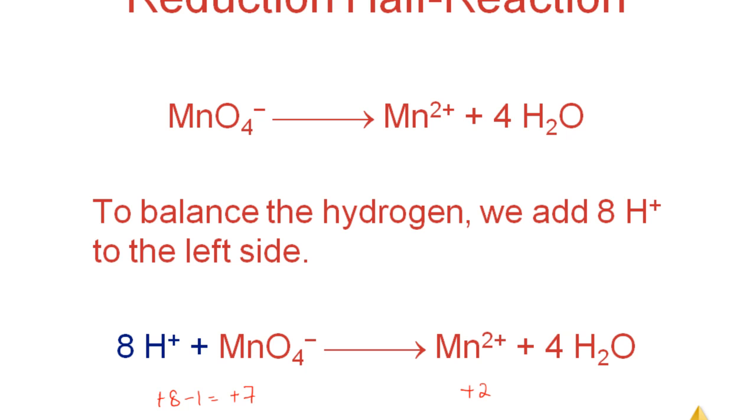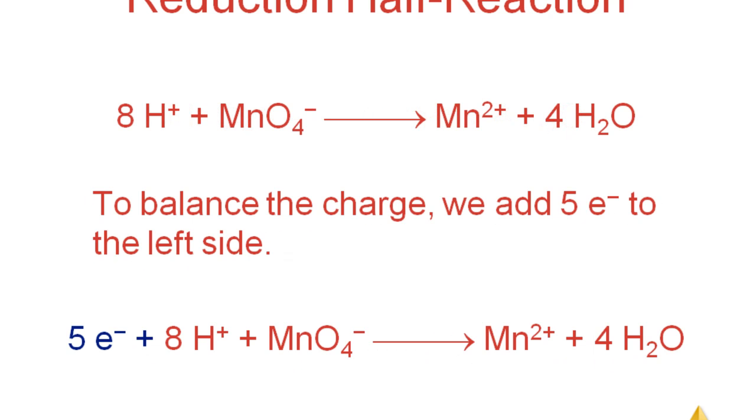See, if you want to reduce this from +7 to +2, you need 5 negative charges there. What will give you negative charge? Electrons. So you are going to add 5 electrons to the left side. So your equation will become: 5 electrons plus 8H plus MnO4 minus, giving Mn2 plus 4H2O. Now both of your half reactions are balanced.